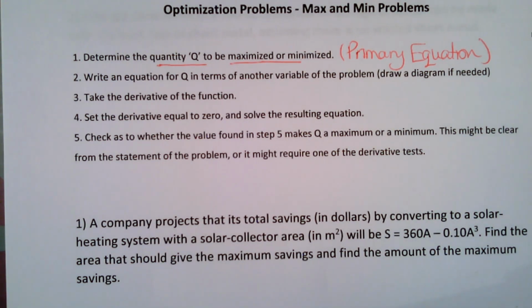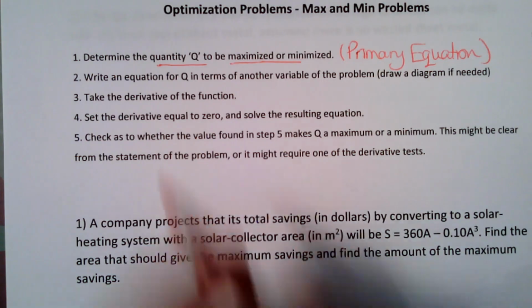Now, that might be all you need. If you've got your primary equation to be maximized or minimized, and it's got one variable in it, with the function ready with a single changing variable, that might be all you need. Most of what we're going to be going through is trying to maximize or minimize something under some kind of a restraint, a constraint.